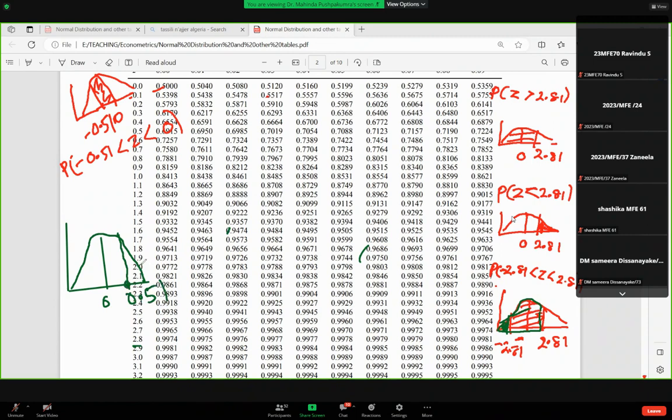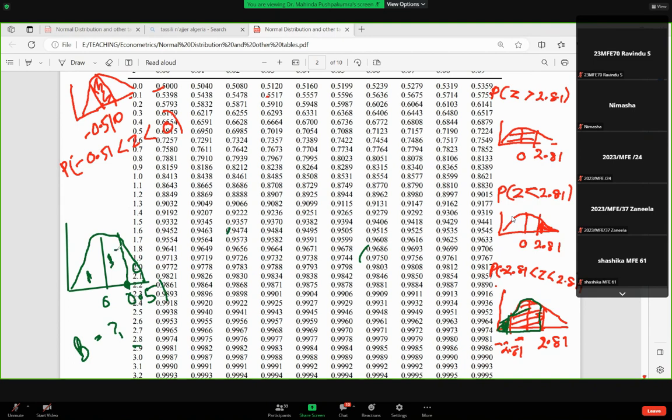Then let's say B, C. What is the probability of area B? Who can explain the answer?